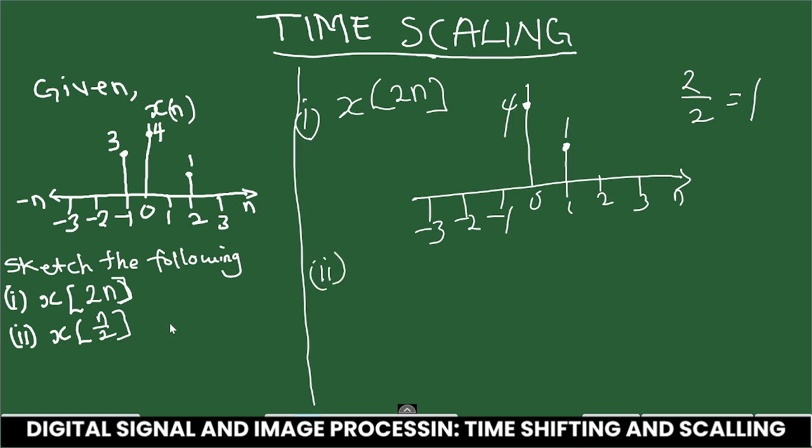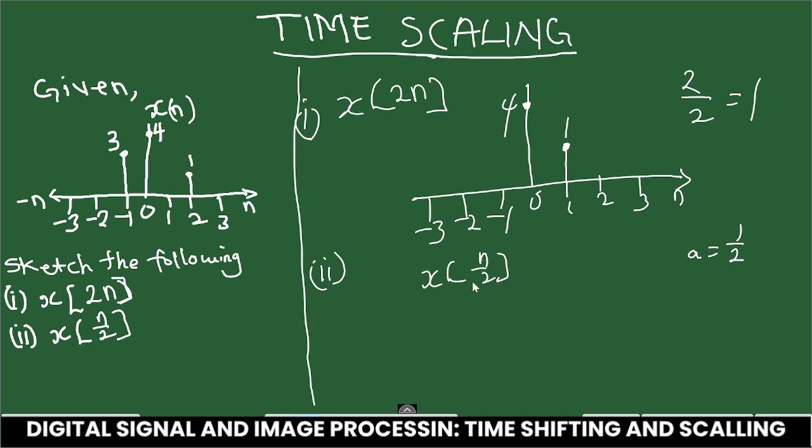In the next one, our scaling factor a is equal to 1 over 2. So what we are going to have here is time expansion. For that expansion, we simply take each of the sample positions and multiply it by the denominator.